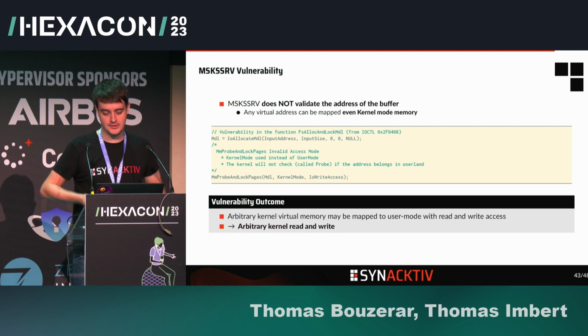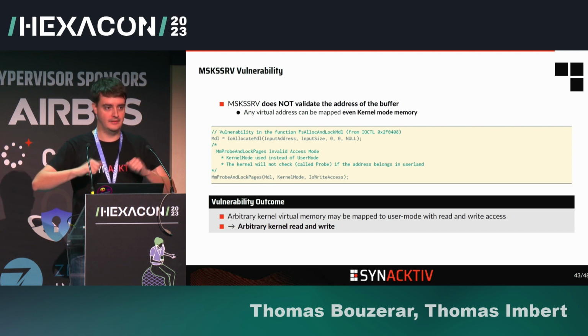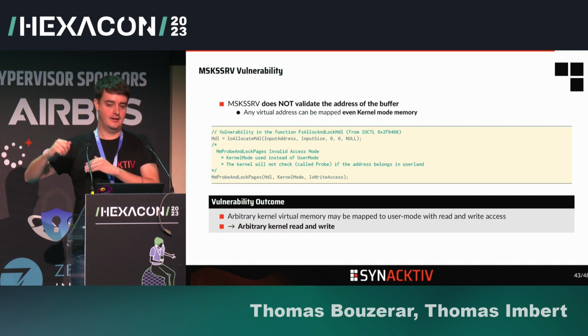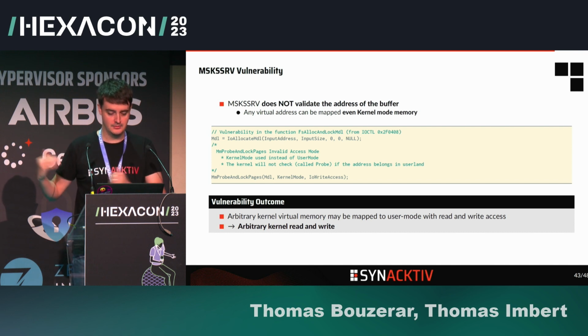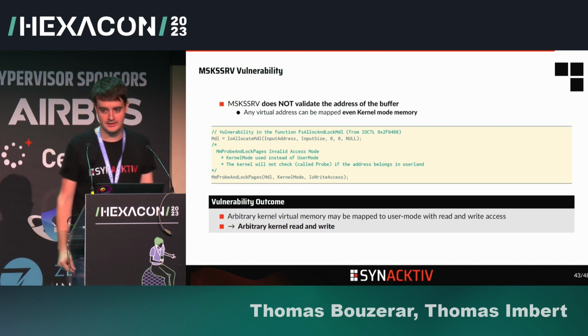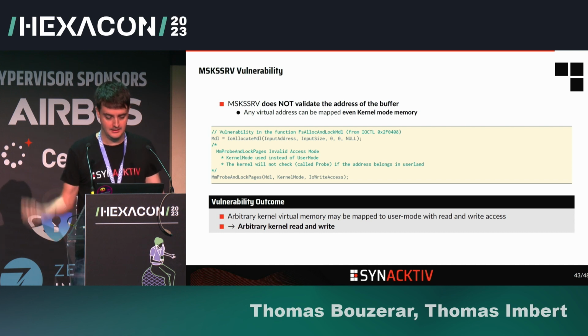But actually the address comes from user mode, so it should use the user mode flag that will probe and validate the address, validate that the address belongs to user mode. But they forgot that, so they used the wrong flag, and the fix is actually just changing that flag. And so now you get arbitrary kernel read and write.